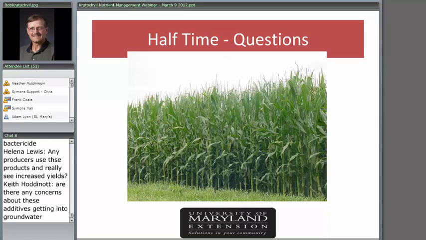So I think that would probably be similar to what producers who have used the products have also seen. Are there any concerns about these additives getting into groundwater? None that I'm aware of, and I think that's primarily because, for the most part, their life in the soil isn't that long.